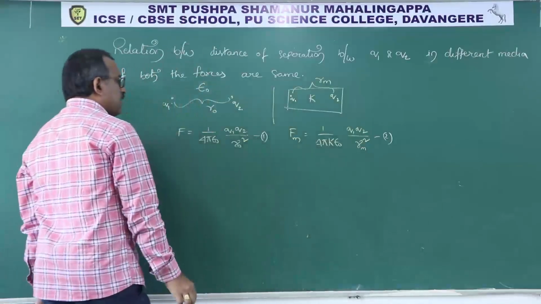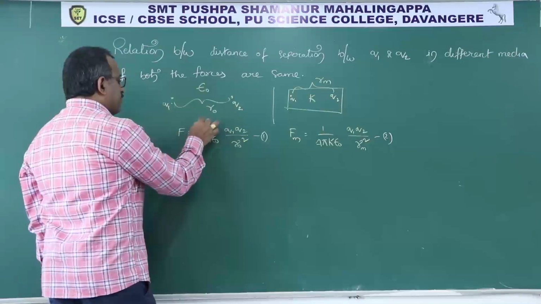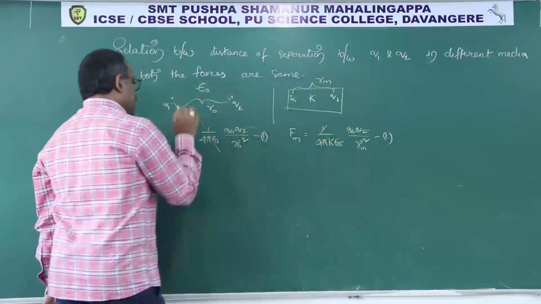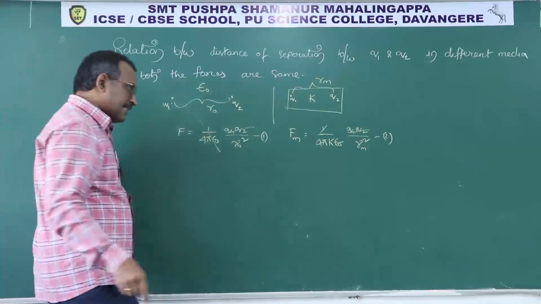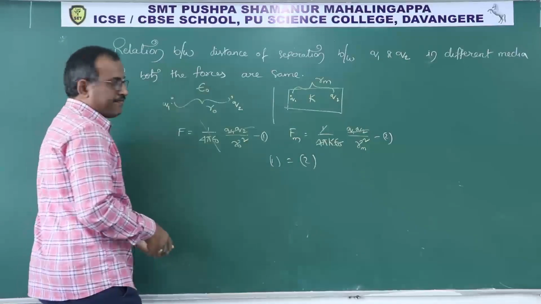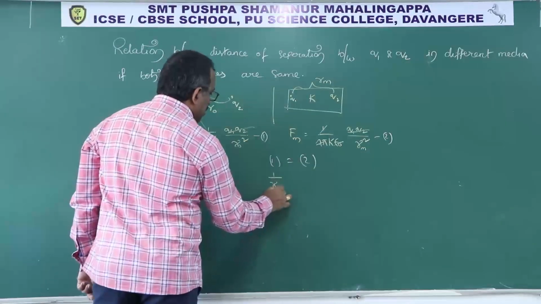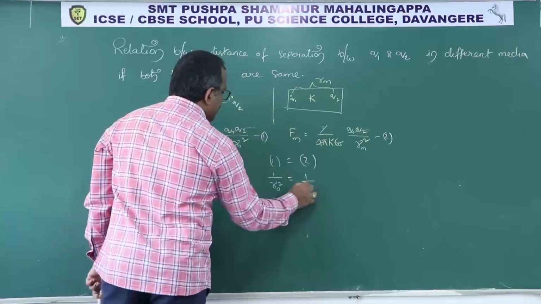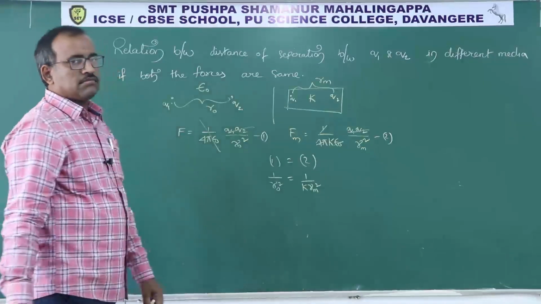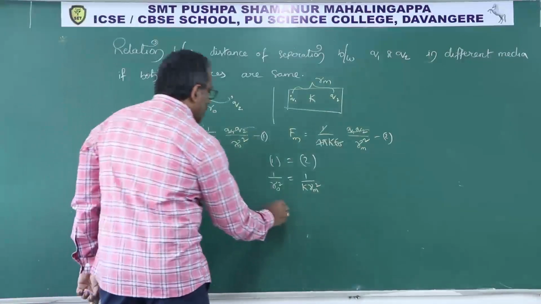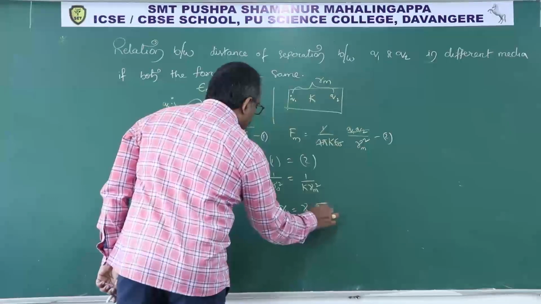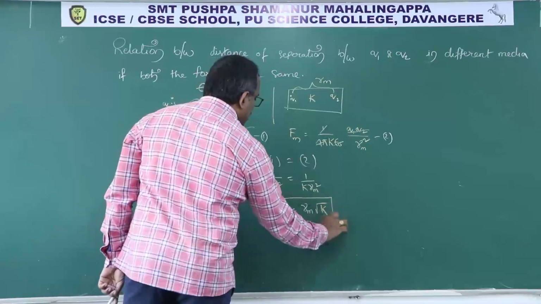Hence, 1 by 4 pi epsilon naught and Q1, Q2 get cancelled because 1 is equal to 2. What is left? 1 by R0 square and 1 by K R medium square. Hence, R0 will be R medium into root K. This is very, very important.